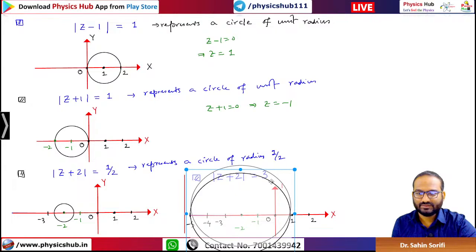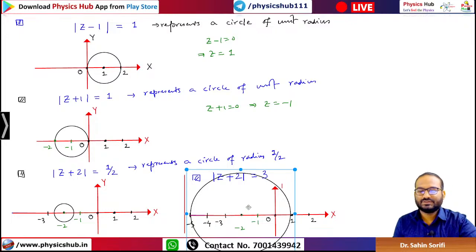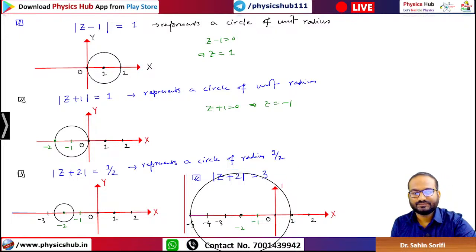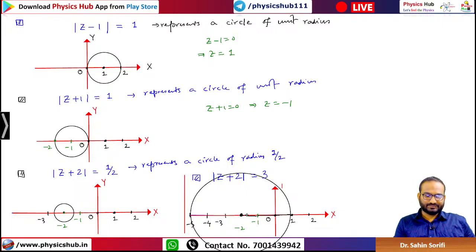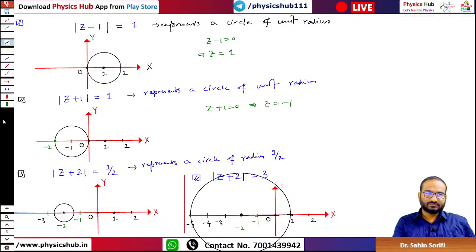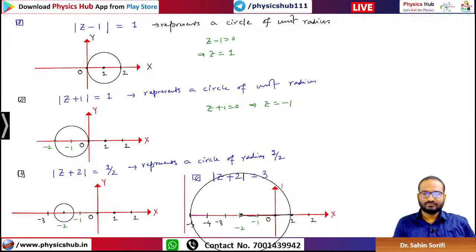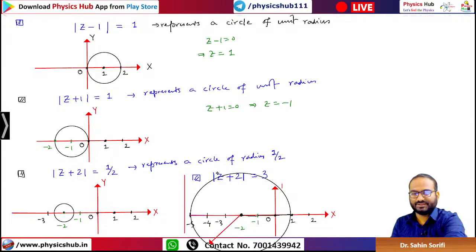You are getting my point, no? Although the space allotted here is not sufficient to draw this, it will be centered at z equals to -2 having 3 unit radius, 1, 2, 3. Clear guys? Is this concept clear? This is 3 unit.